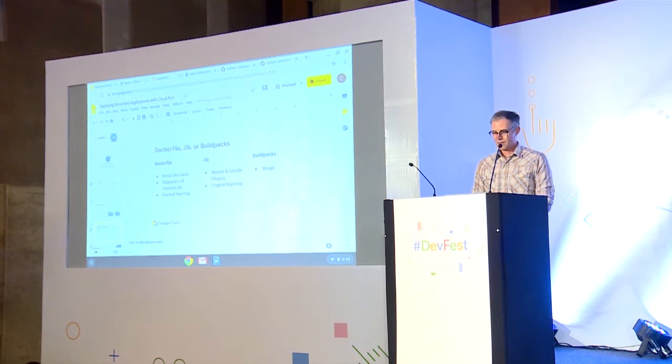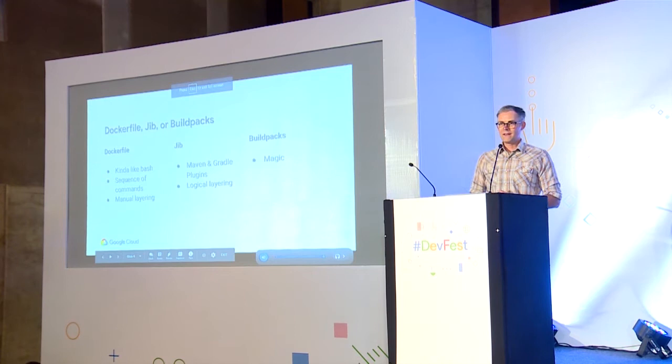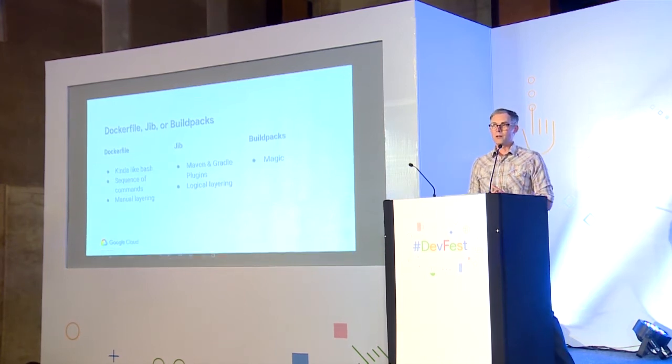Okay, now the next option. So we've gone through Dockerfile, Jib, and then the last option here is buildpacks. There's something called the CNCF buildpacks, which are a standardization effort that Heroku and Pivotal started to create the Docker images for you without you having to do anything. It just is magic.